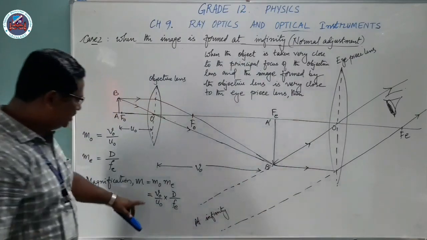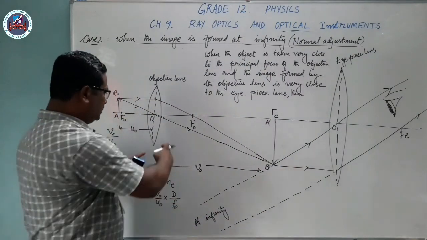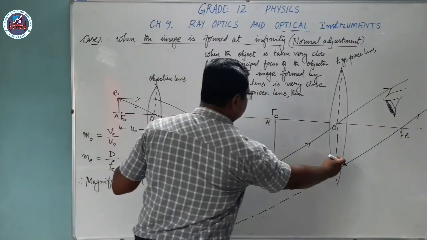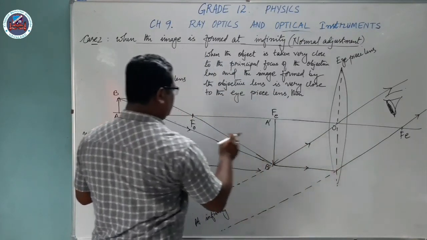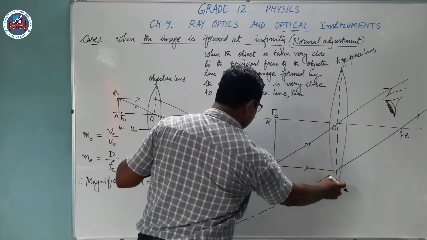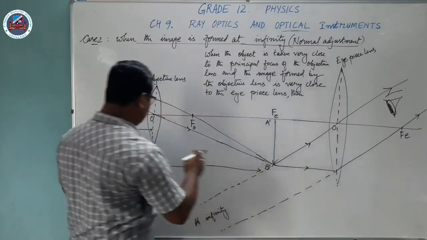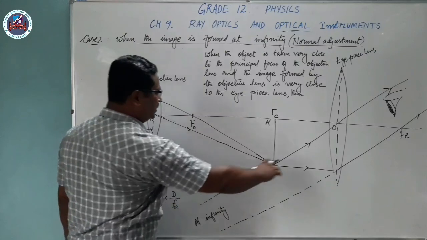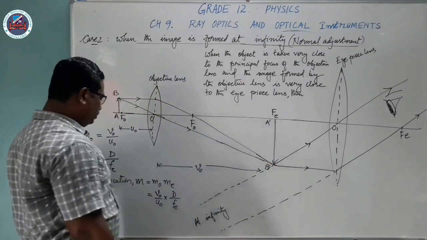this image distance can be taken as the length of the tube of the microscope, because if the image is formed very close to the lens, this distance from eyepiece lens to the objective lens, we call it the length of the tube.